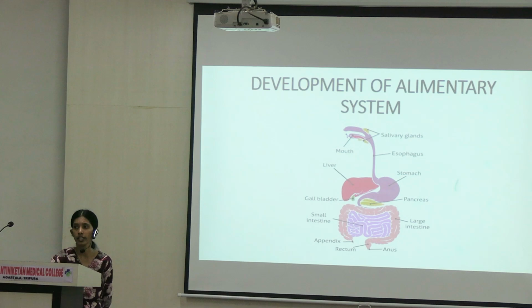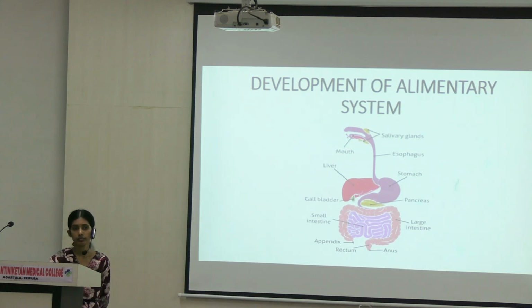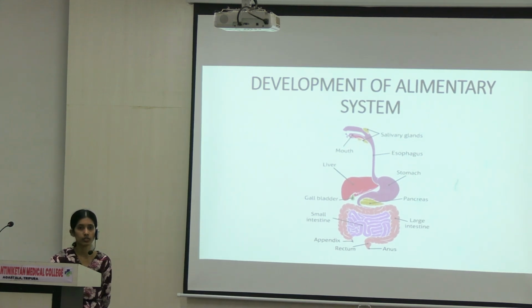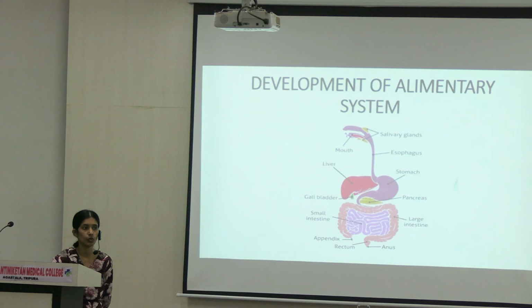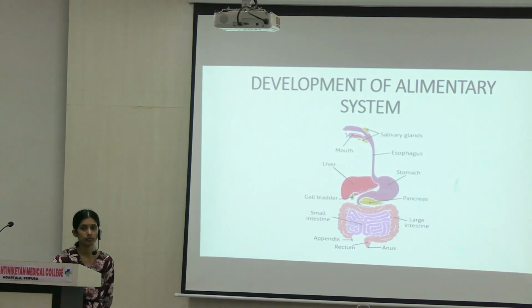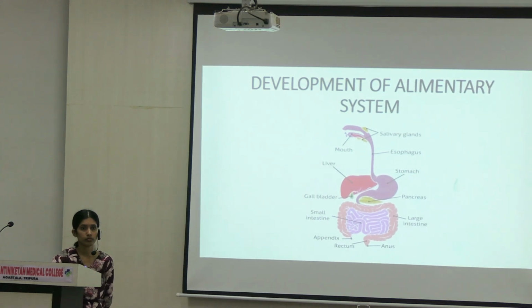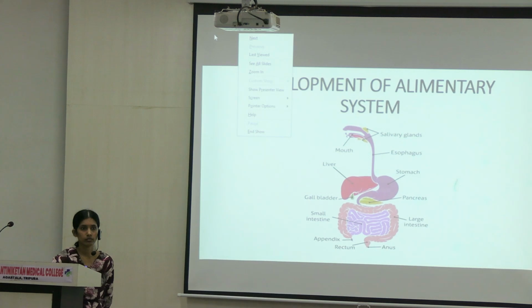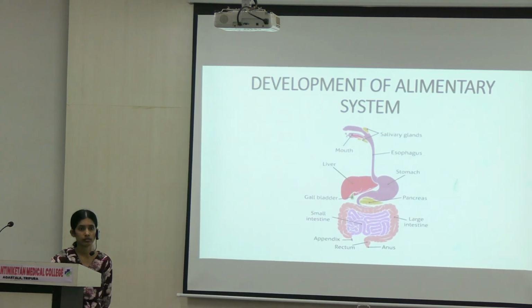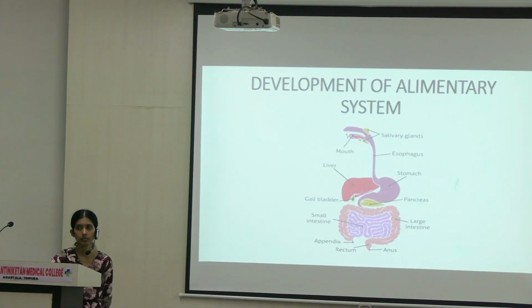Okay. On the caudal end, what are the structures we have? Allantois, which is the extension from your yolk sac, and the other two structures.